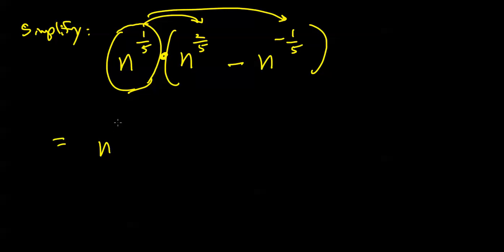And let me go ahead and formally write it out. I'll have n to the 1/5 times n to the 2/5, and I'll worry about that later, minus n to the 1/5 times n to the minus 1/5, and I think you'll see something happening here.